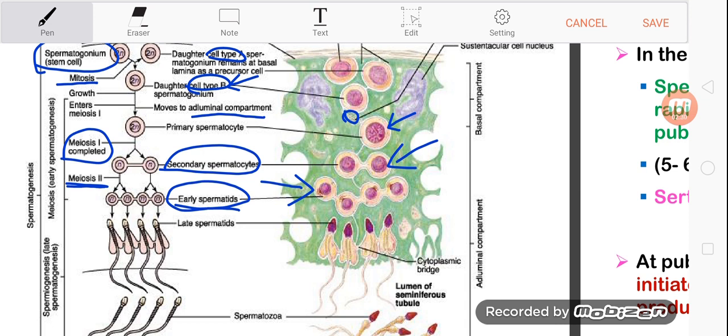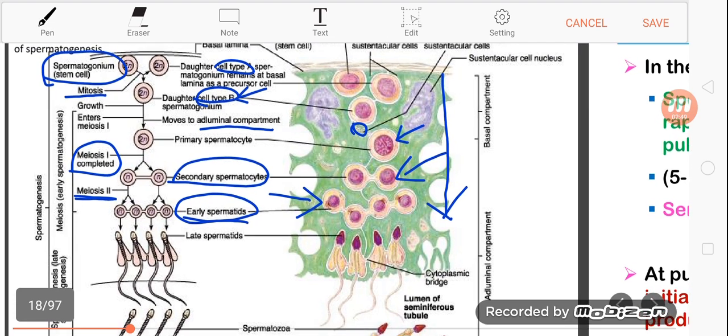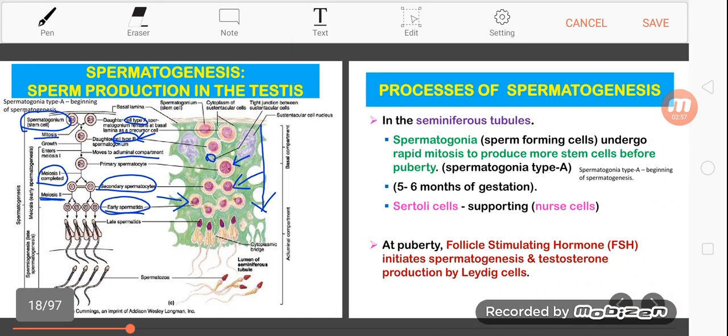So you can see that towards the center of the seminiferous tubule, more mature sperm are produced. What happened during mitotic division? Mitotic division proliferates the cell number. What happened during meiotic division 1?